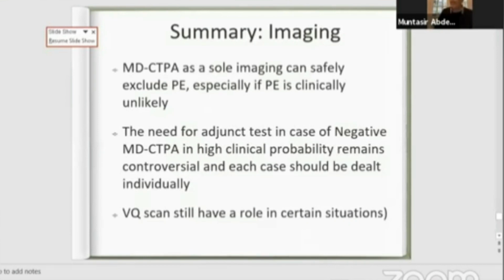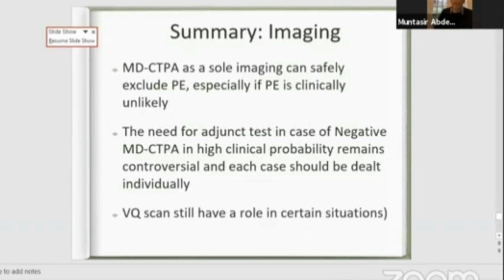When we come to imaging, we can say that multi-detector CTPA is safe to exclude pulmonary embolism as the sole imaging, and probably we don't need further testing. Having said that, for people with high clinical probability and negative CTPA, whether we need further testing or not is controversial, and each case should be dealt with individually, using your own discretion.